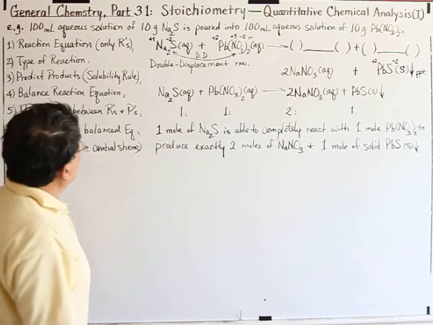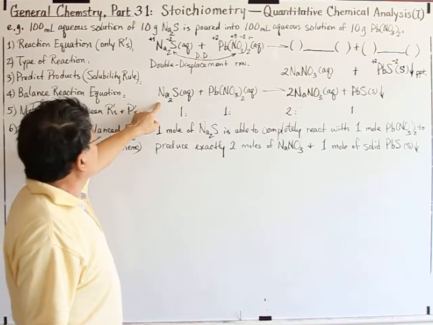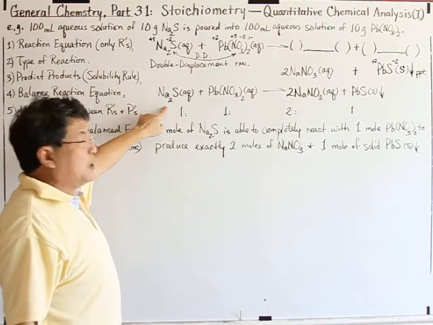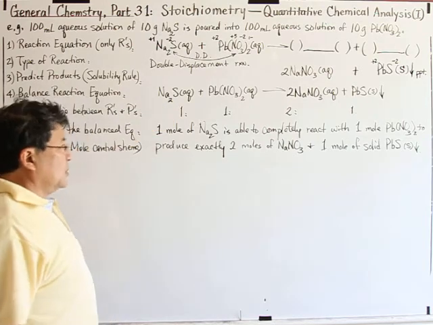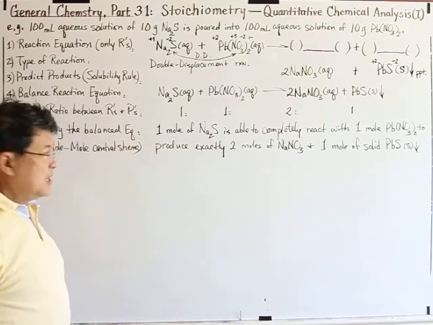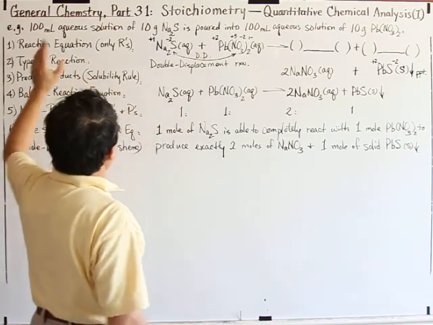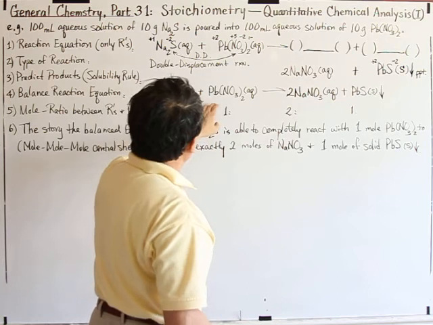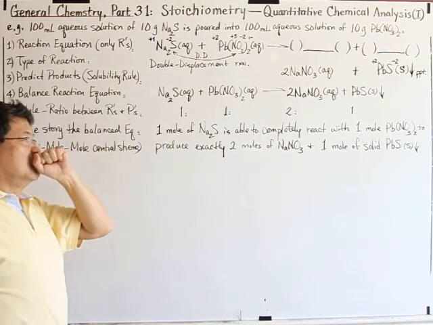So what is it going to be? If we have 1 mole, what is the molar mass for this? Sodium 23 times 2 is 46, plus sulfur 32 is 78. So if we have 78 grams of this in a solution, how many grams of lead nitrate do we need? Lead is 207.2.